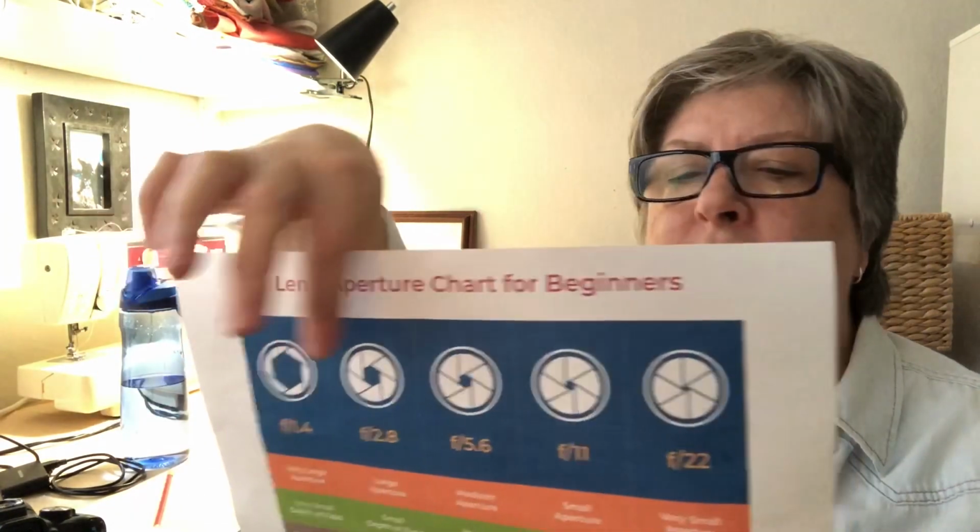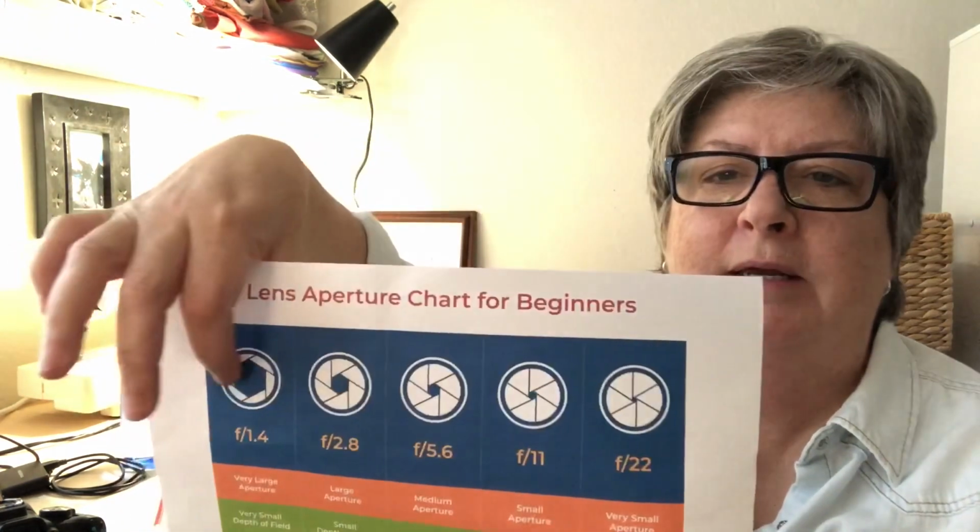Now, you're going to do you, so you've got to figure it out, but for the teaching's sake I'll show you how I do it. Because of how much or how little light is coming in through my lens, I'm going to adjust the shutter accordingly.